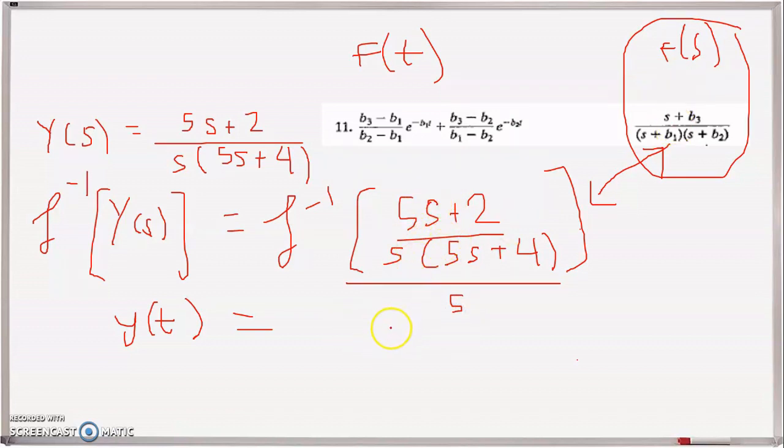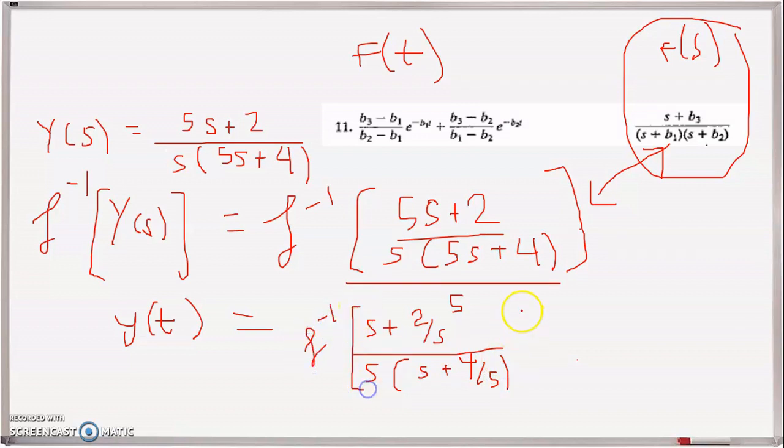So the expression becomes s plus 2 over 5, because we divide everything by 5. So 5s divided by 5 is 1, so we are left with s only, plus 4 over 5.